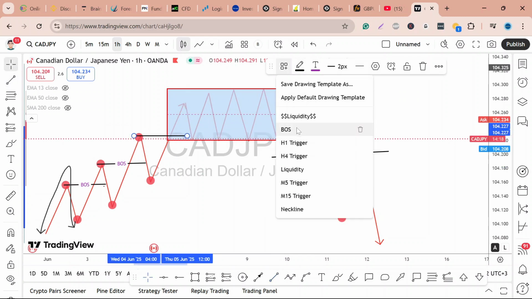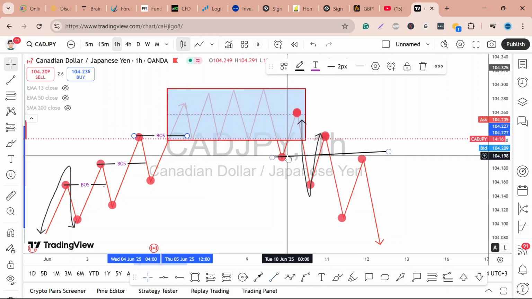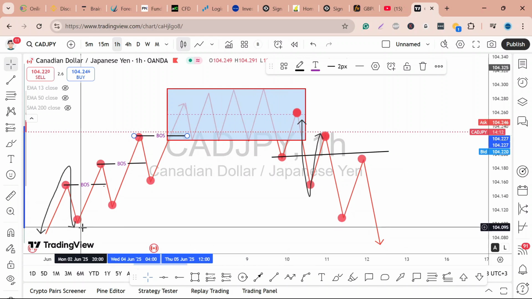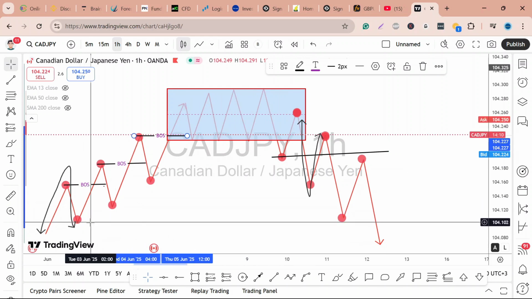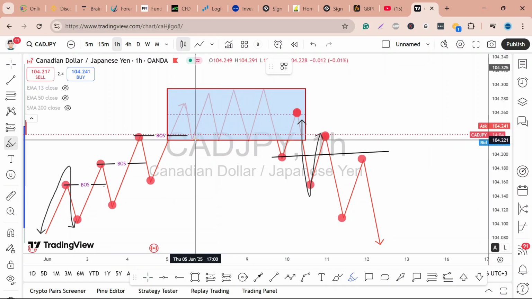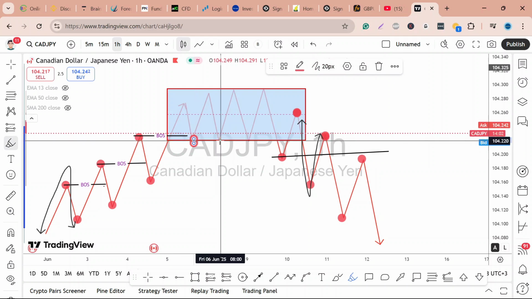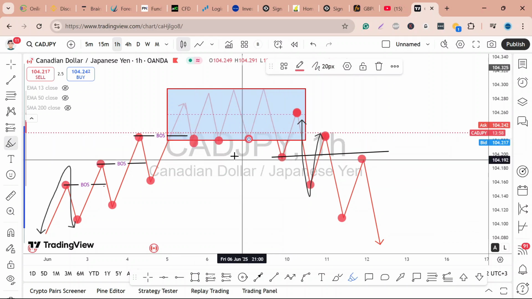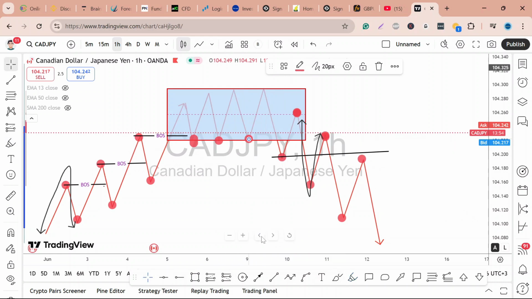And another one here will be another break of structure. But now, when the market shifts in direction, how do you get to understand when the market is changing direction? Anytime we have the last higher low broken, it means that the market will have a change in direction, which they also call the change of character.